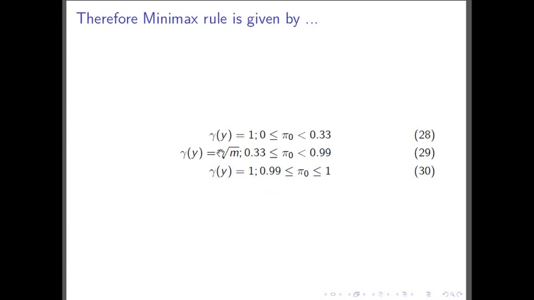Therefore, the minimax rule is given by gamma of y is equal to 1 for 0 less than or equal to pi naught less than 0.33, is equal to root m for 0.33 less than or equal to pi naught less than 0.99, and is equal to 1 for 0.99 less than or equal to pi naught less than or equal to 1.